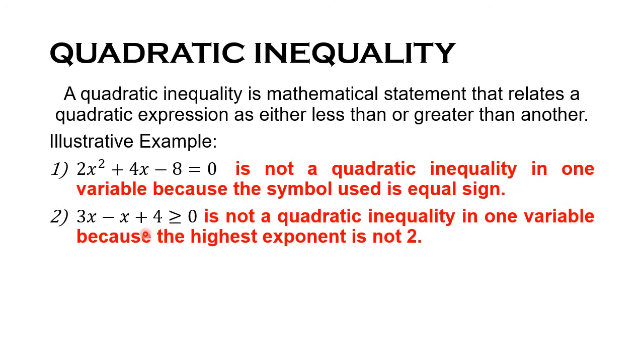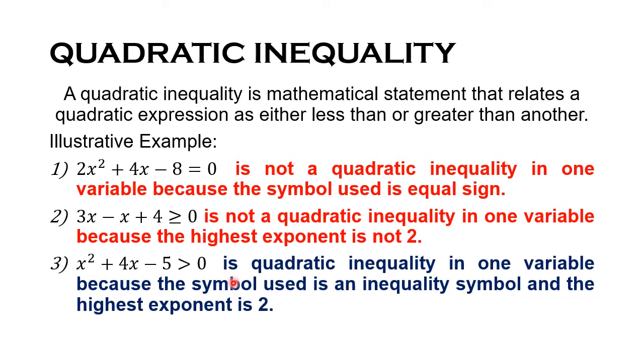Because the highest exponent given here is not 2. Okay? So, kapag ito'y sinimplify natin, that will become 2x plus 4 is greater than or equal to 0. It is considered a linear inequality, not a quadratic inequality.